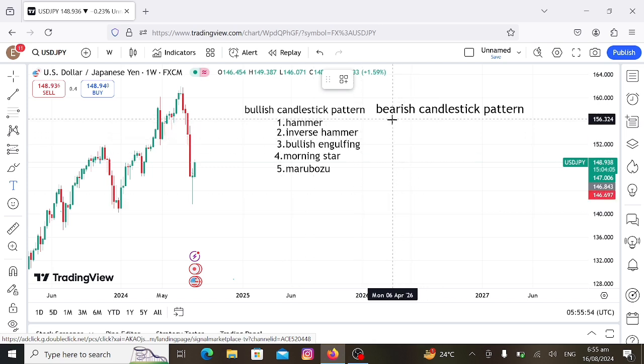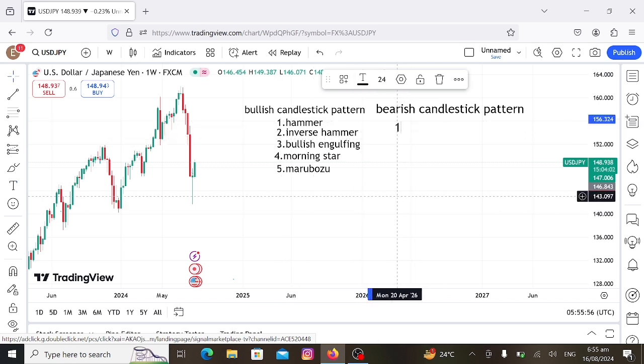We have one we call a hanging man. In the group, I post so many on the Telegram group, but I mark some specific ones that are not valid. I say I'm going to talk about the ones that are valid.